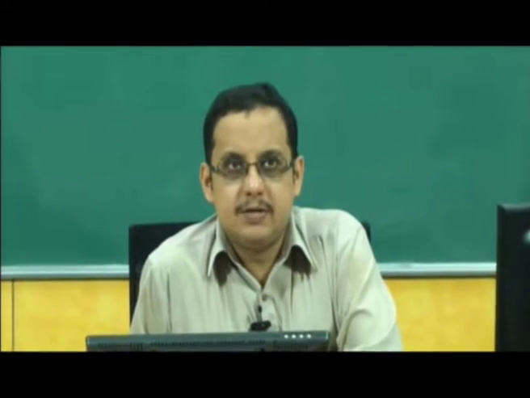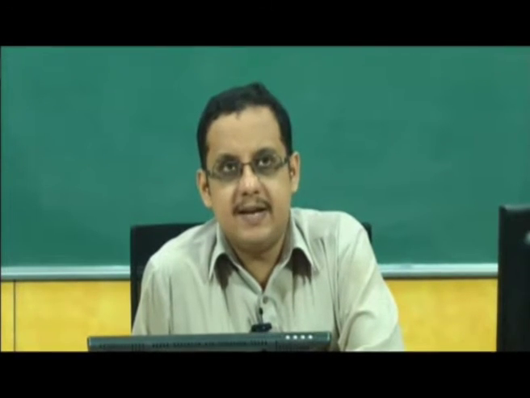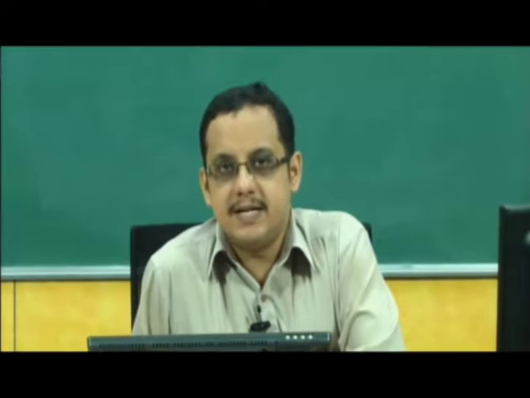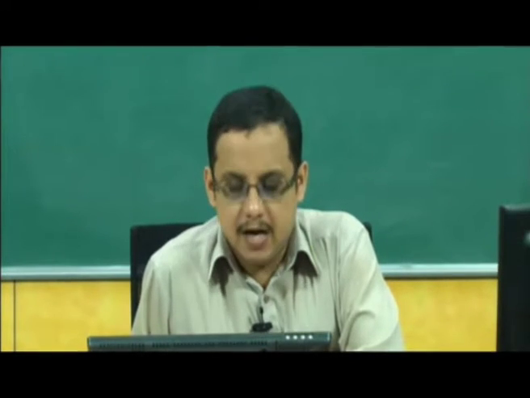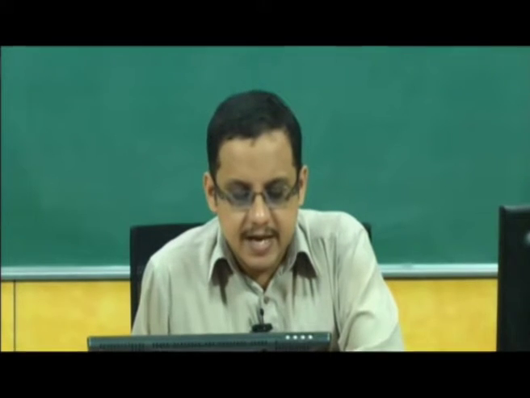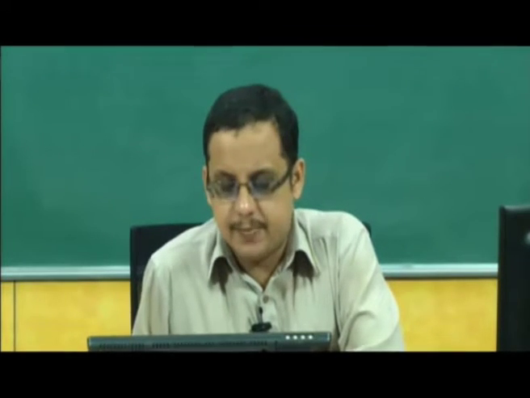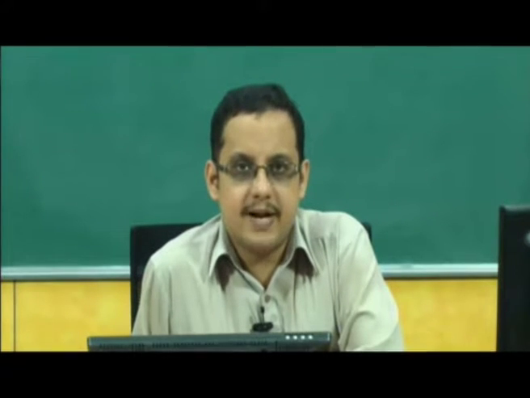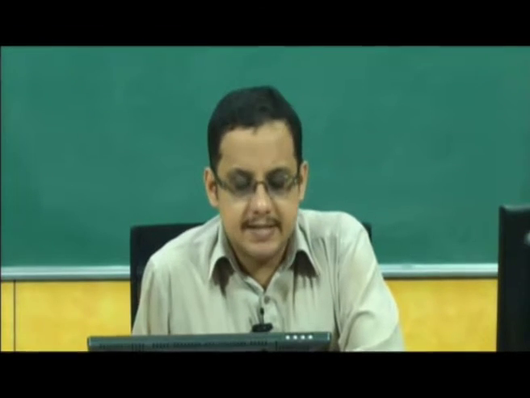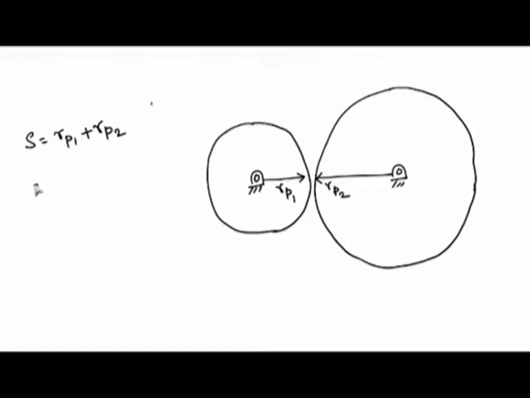But what happens during the assembly process, it is not possible to exactly maintain this design shaft distance because of assembly related manual errors. I would say this S will change to S prime, so it will slightly change. For the example problem that I have taken, I have assumed that it is about a 2% change in the shaft distance. So now S has changed to S prime.